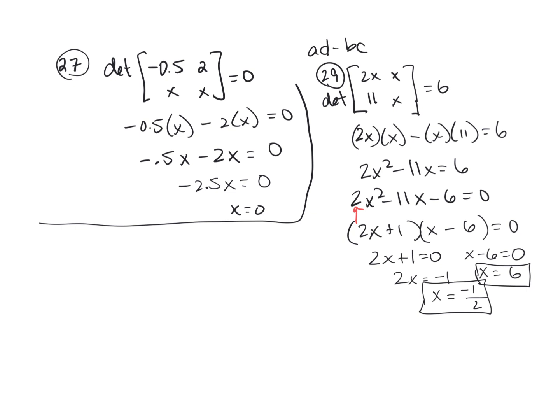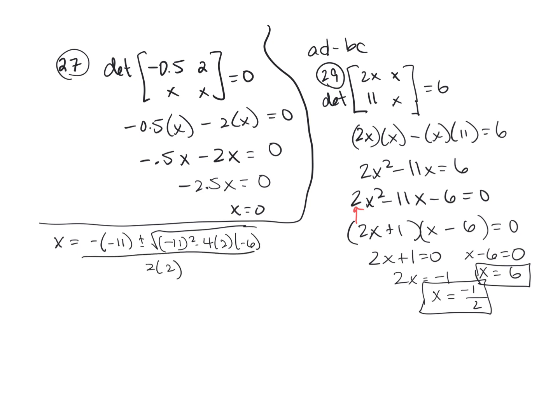All right, so what I'm going to do is I'm going to come over here, and I'm going to do the quadratic formula. So the opposite of b plus or minus the square root of b squared minus 4 times a times c. There's a lot of negatives in here, so be careful. All over 2 times a.